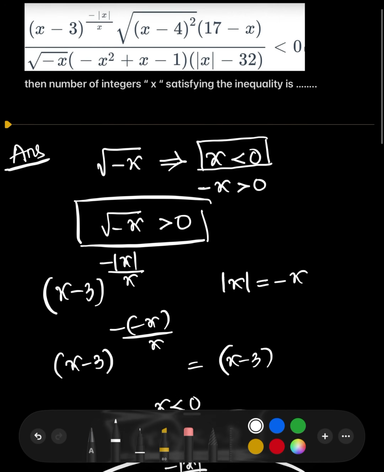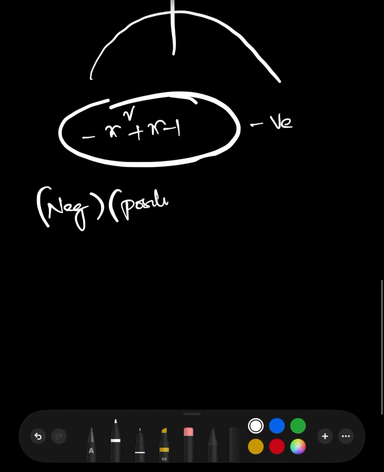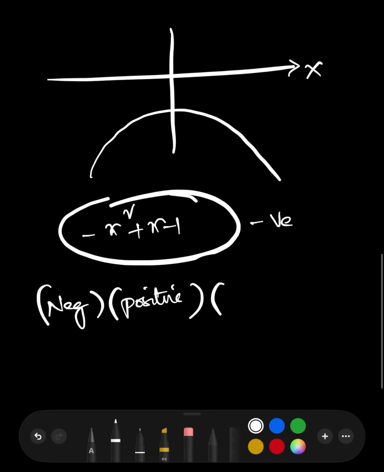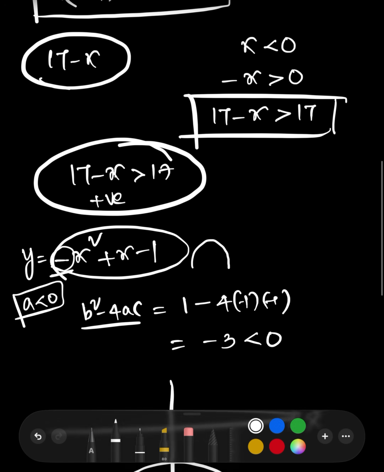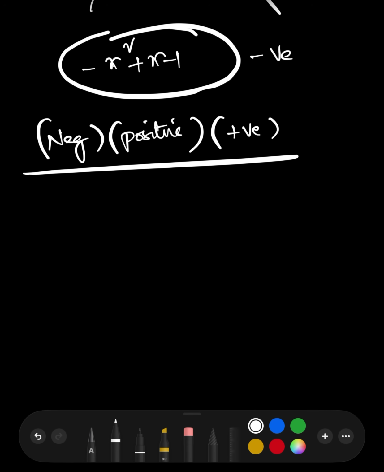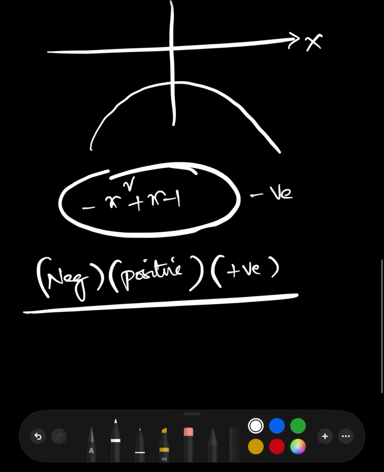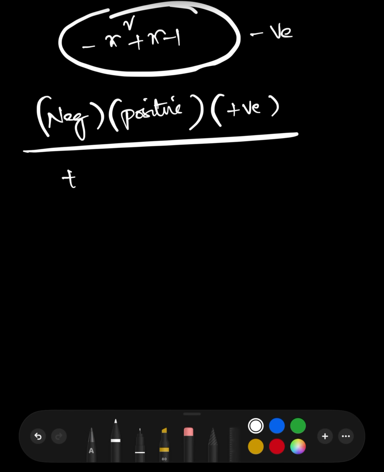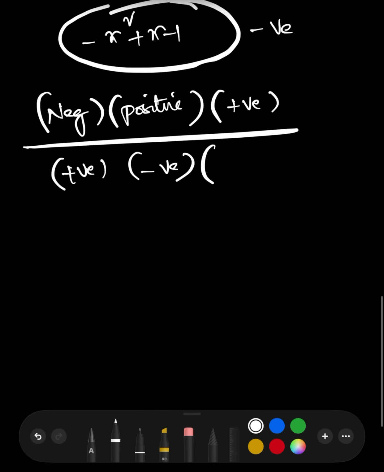The second term, root over (x minus 4) whole square, is positive. The next one, 17 minus x, because x is negative, is always positive. So positive divided by the denominator: the starting term root over minus x is positive only, and the quadratic is negative, and the last factor is |x| minus 32.